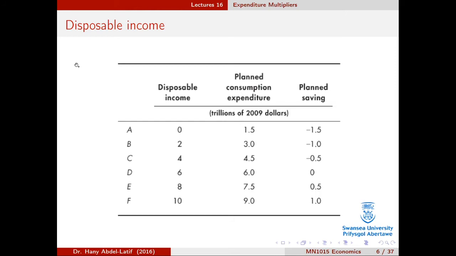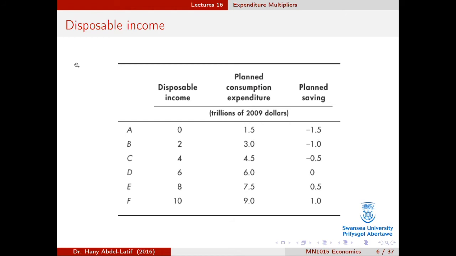How are we going to finance this 1.5 trillion dollars? This will come from savings. In this economy, in which disposable income equals 0, people will use their savings from previous years to pay for this consumption.